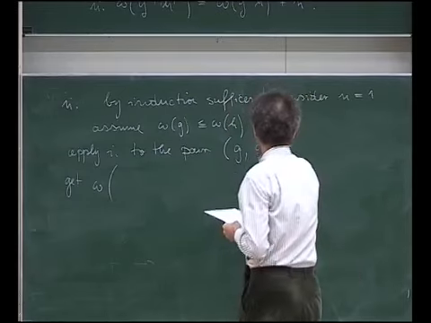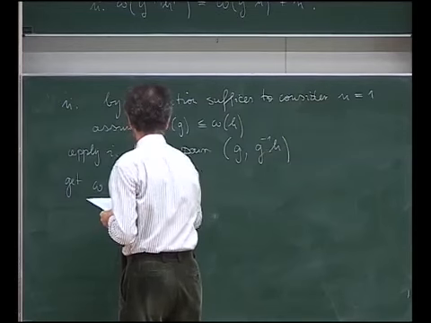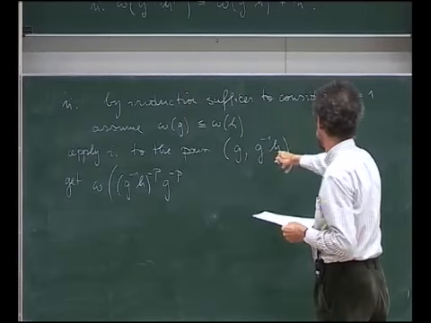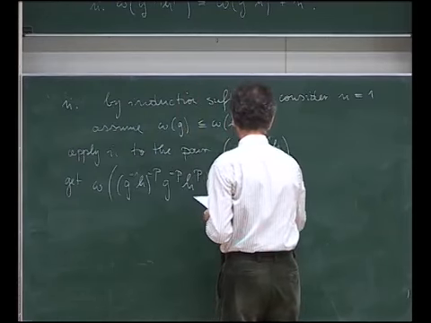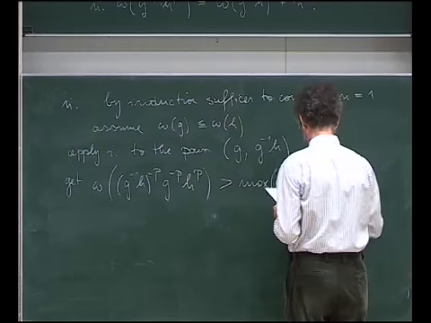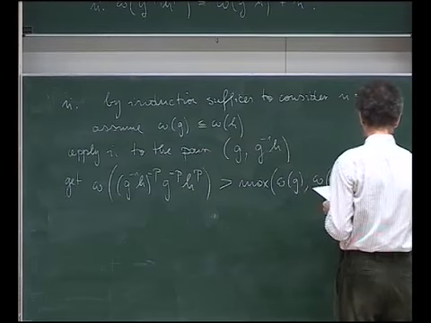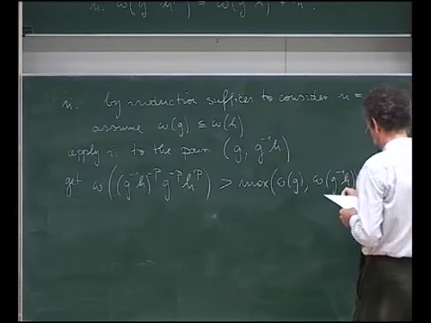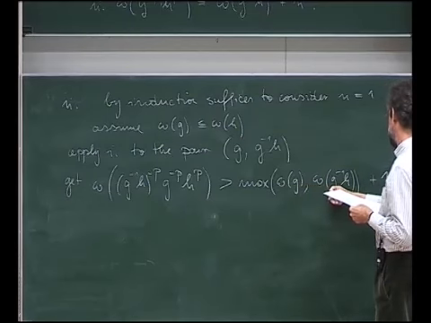And then we get that omega of, so this is no h, right here, the old h, I have g minus 1 h to the minus p, then g to the minus p, and then the product of the two, which is simply h to the p, is bigger or equal to the maximum of omega of g and omega of g minus 1 h, plus 1.